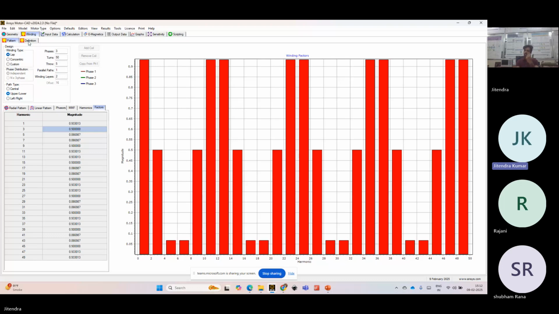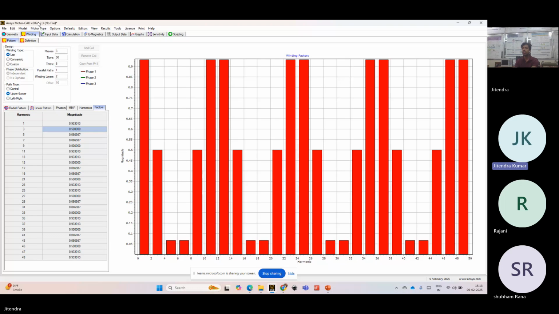In concentrated winding, all the flux is concentrated in one slot. Here, all the flux corresponding to one pole is not restricted to only one slot or one tooth; it has been distributed along the periphery of the pole. So it's just a phenomenon of distribution.